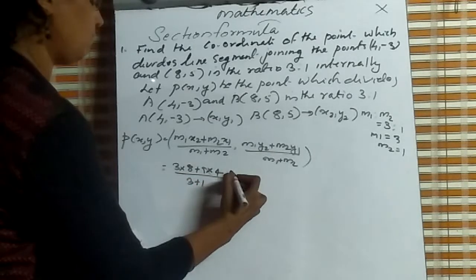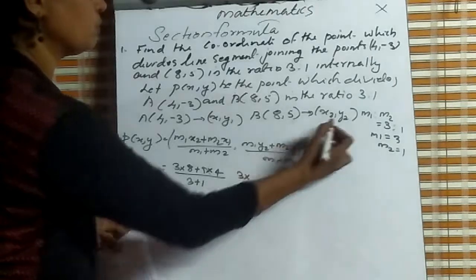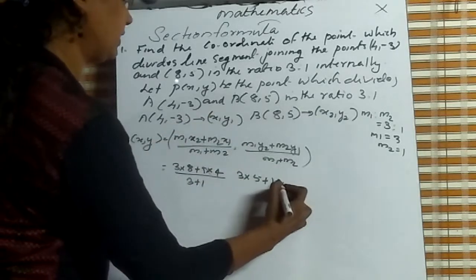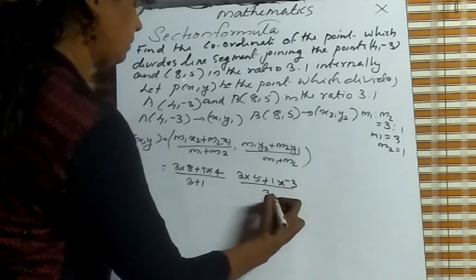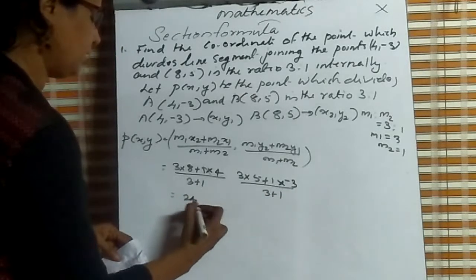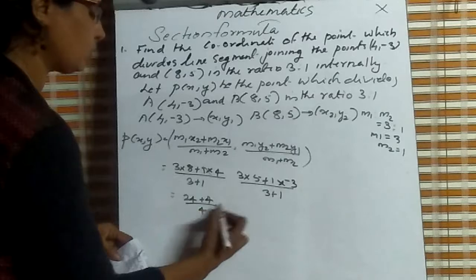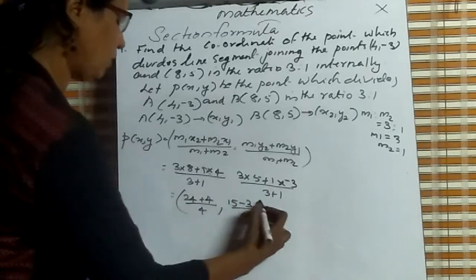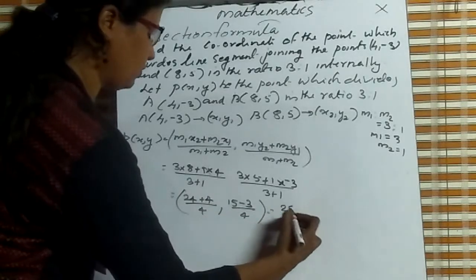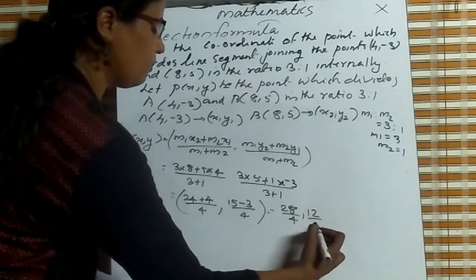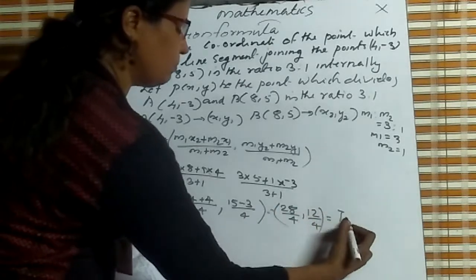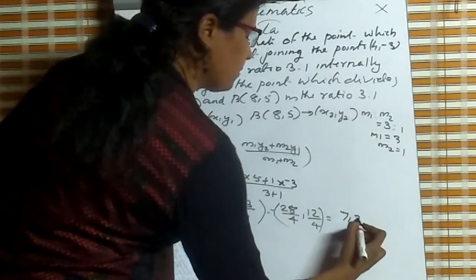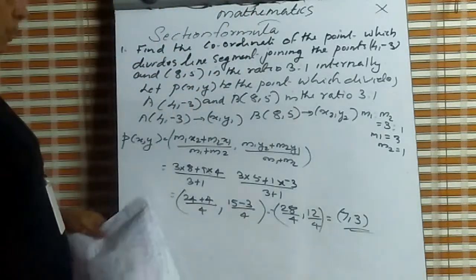Next, m1 3 into y2 5 plus m2 1 into y1 minus 3 divided by 3 plus 1, equals (24 plus 4) by 4, (15 minus 3) by 4, equals 28 by 4, 12 by 4, which is 7, 3. So P(x, y) is equal to (7, 3).